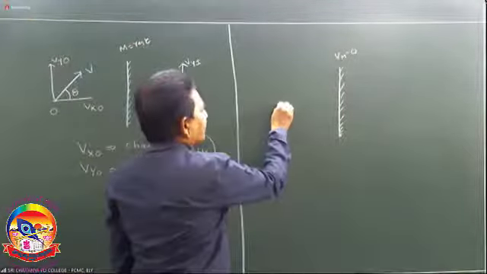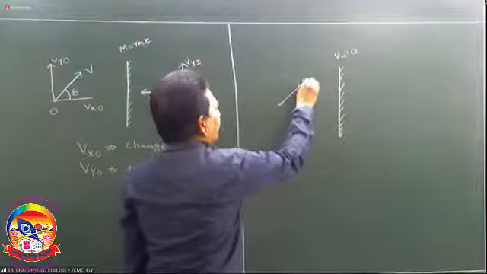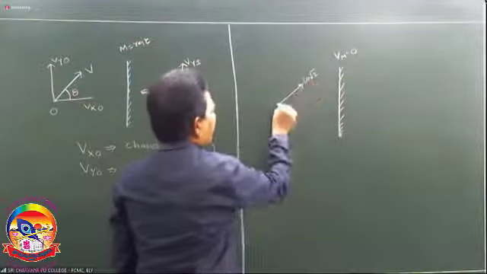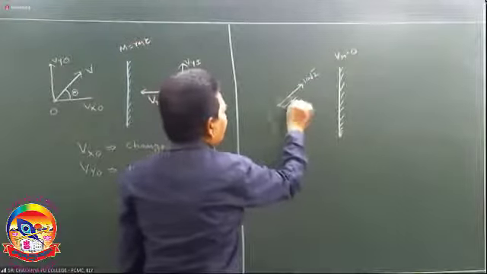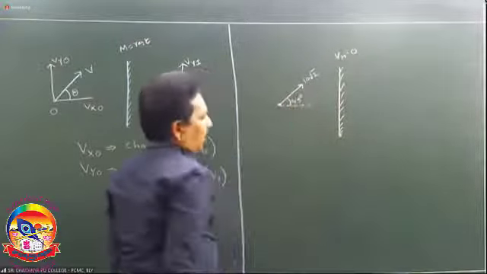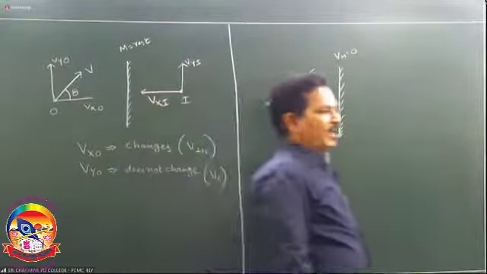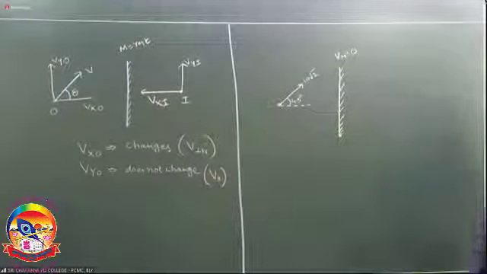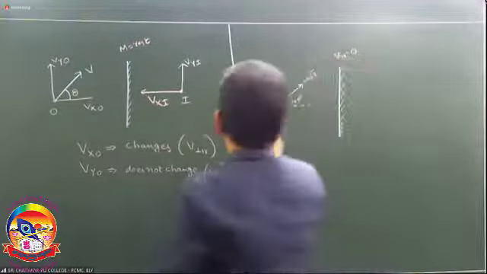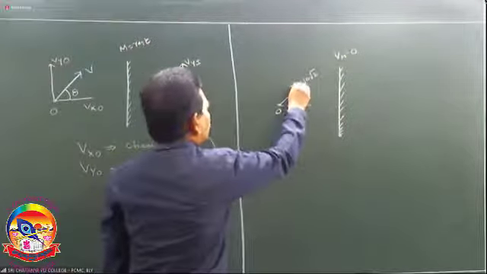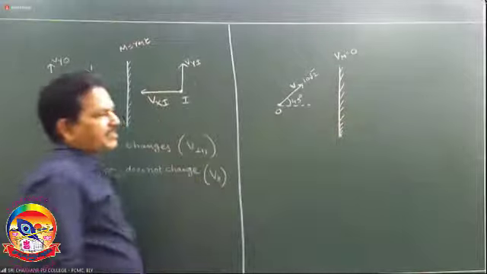The object is moving with velocity 10 root 2 making an angle of 45 degrees with the x-axis. You are asked to calculate the velocity of the image. This is the problem. What is the velocity of the object? 10 root 2 meters per second.